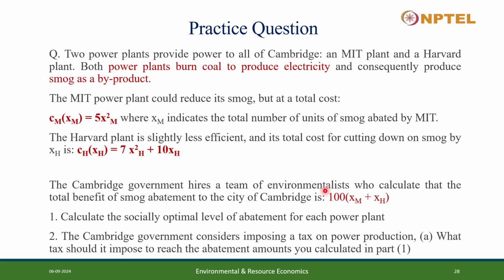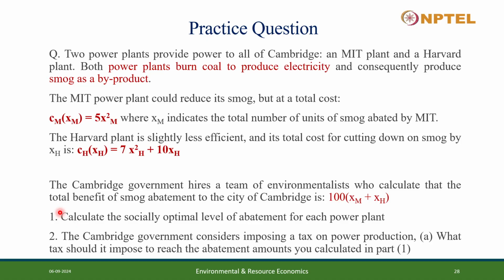So if we abate the pollution, then the benefit to the city or to the society will be 100 xm plus xh. So we have to calculate the social optimum level of abatement for each of the plant. So for plant M and for plant H, what will be the optimum level of abatement? So in question number 1, we have to find the optimum level of abatement.